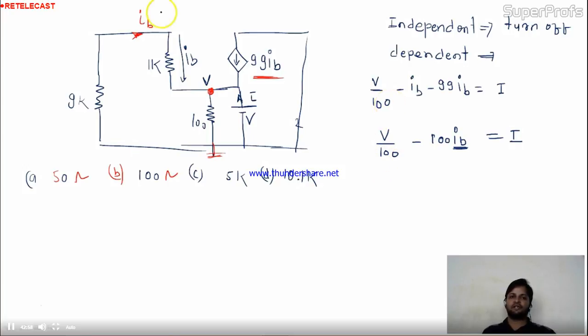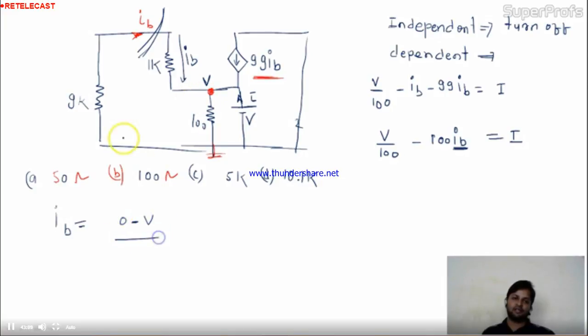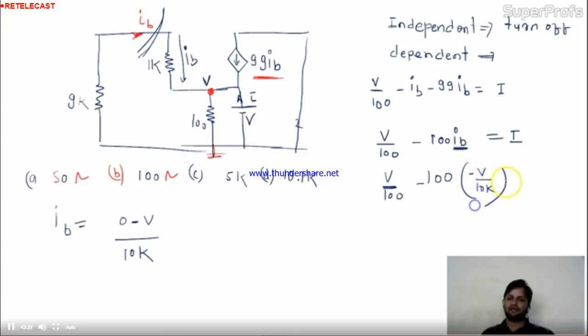So, please observe here carefully. This IB is nothing but, here the potential is 0, here the potential is V, divided by 9K plus 1K, 10K. Is this IB? Tell me, right? So I can replace it. V by 100 minus 99 as it is, this IB will be minus V by 10K, equal to I. Is it okay?